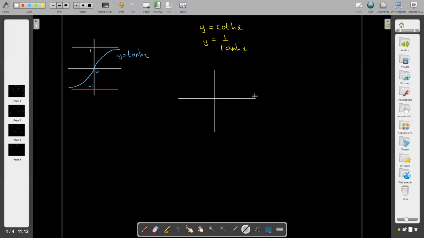Okay, so what's going to happen for this one then? Well, we probably should think about the asymptotes. What's going to happen with the asymptotes? So as we get large, we're going to divide them by a number that's close to 1.